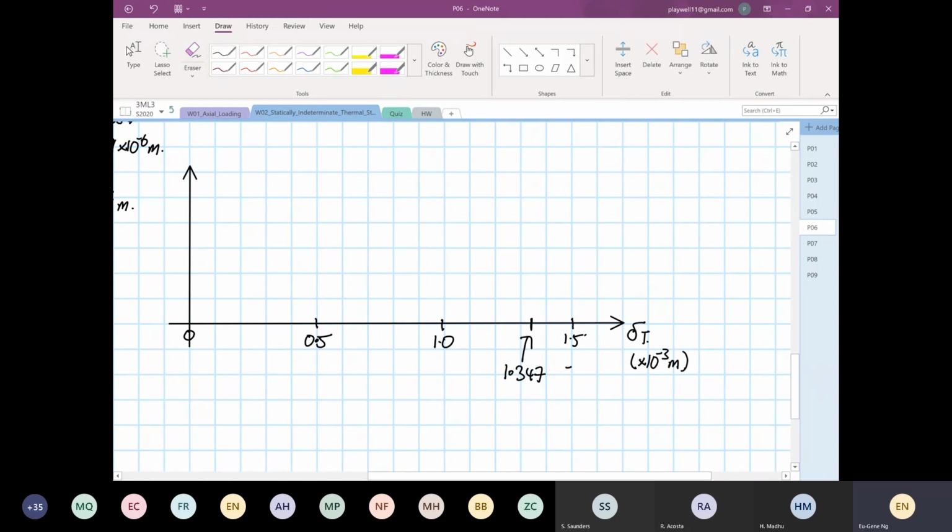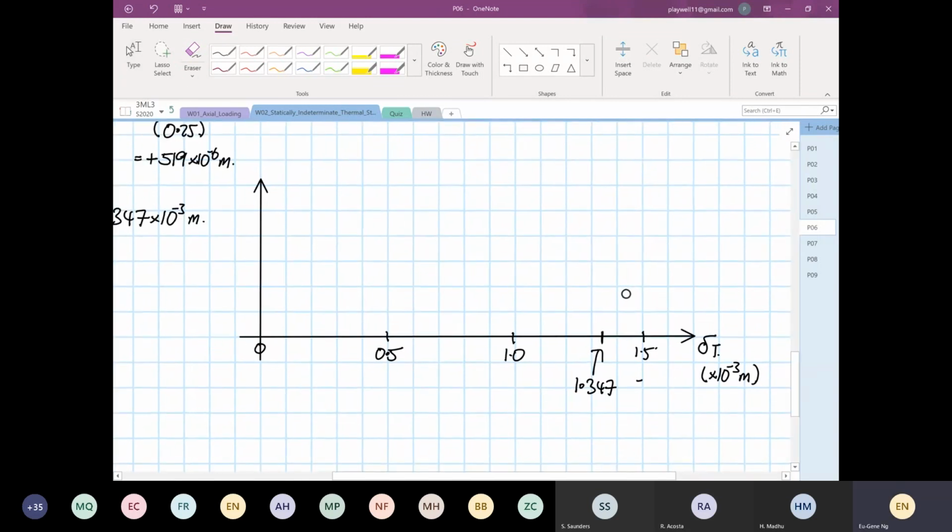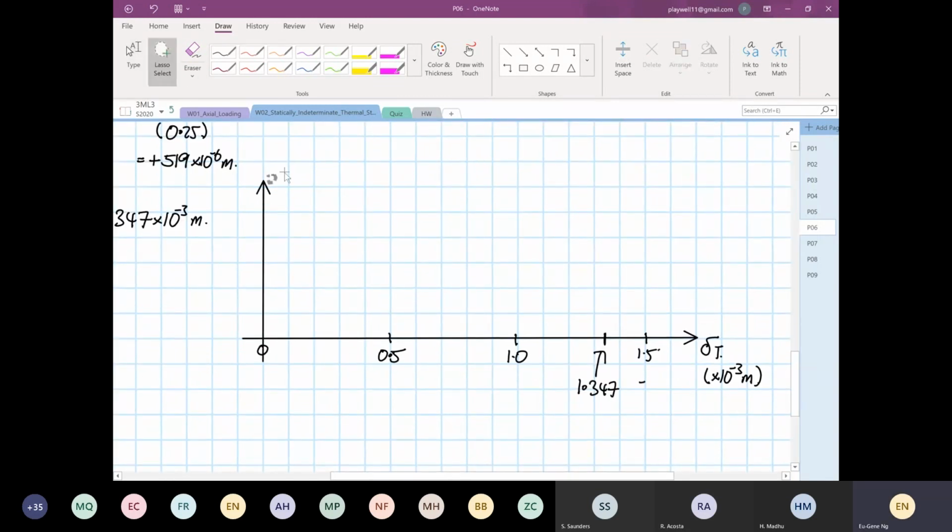So what does this mean? Because of our gap, this is the stress. The stress can be steel or aluminum, either one. I'm looking at it as a global, meaning the entire structure, right? If it's time based, this will be at 0 initially.